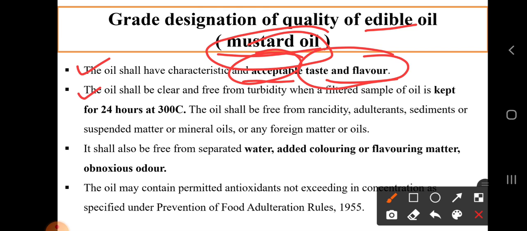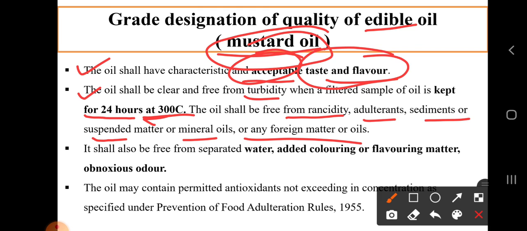Then the oil shall be clear and free from any turbidity when the filtered sample of oil is kept for 24 hours at 30 degrees Celsius. Then the oil shall be free from rancidity, adulterants, sediments, suspended matter, minerals, or any foreign matter.